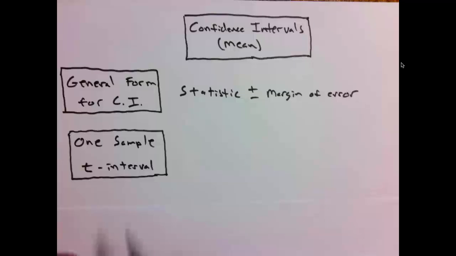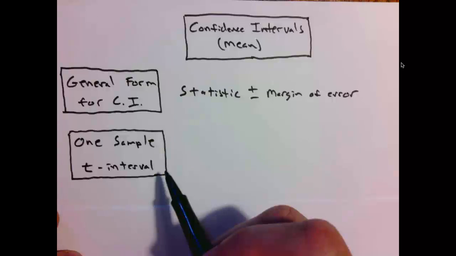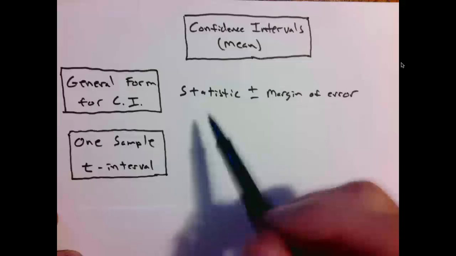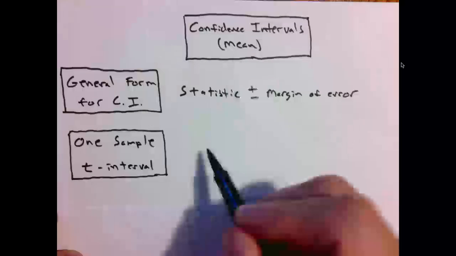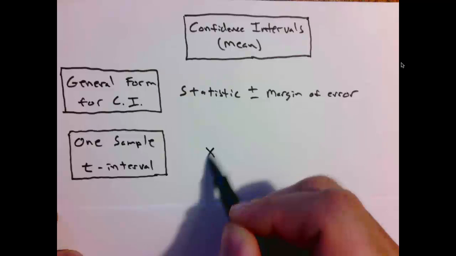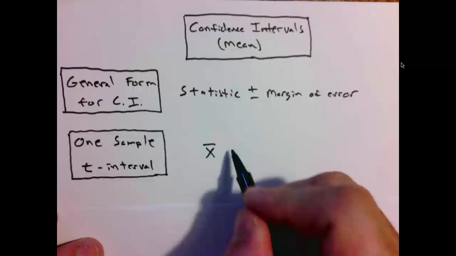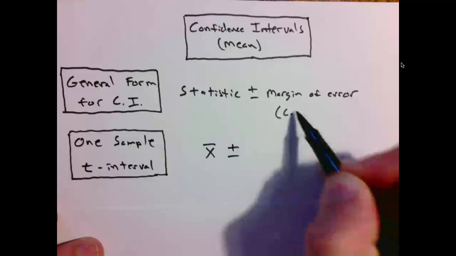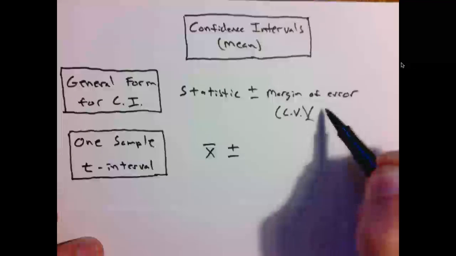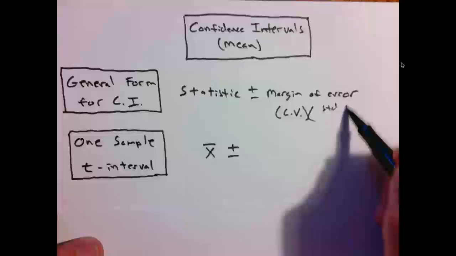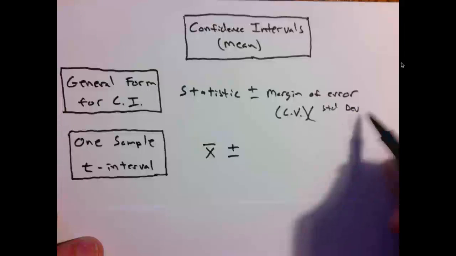This interval will look like this. The statistic, since we're talking about the mean, is x bar, our sample mean, plus or minus the margin of error. The margin of error, in general, is a critical value times the standard deviation of a statistic.